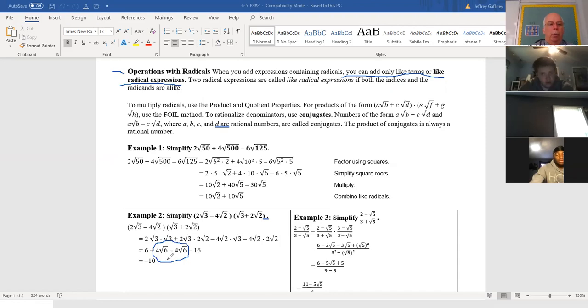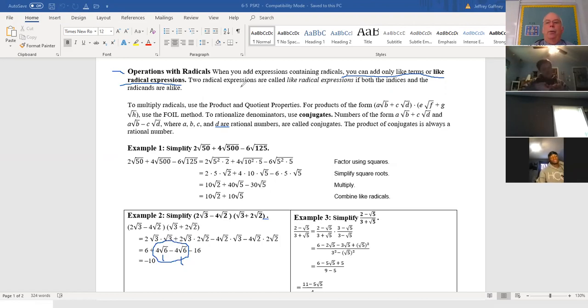Those are like radical expressions because they're both some number and then the square root of 6. This could have been 7 and 8 or 5 and 2, but they both have the same number under the radical. So those are like radical expressions, and you can add or subtract those together. All right, that's what they're referring to here.